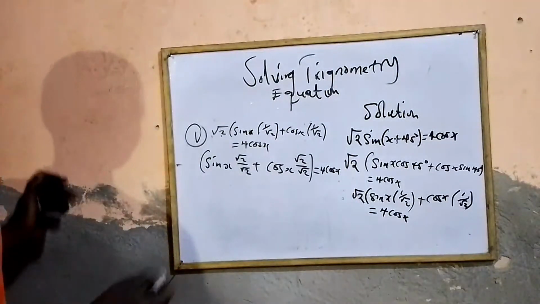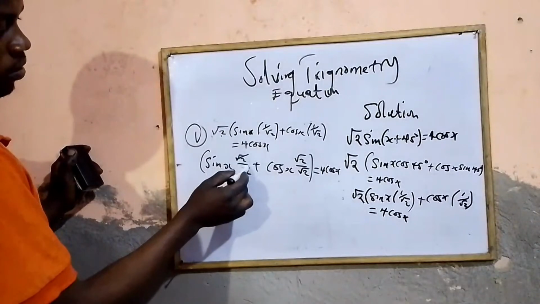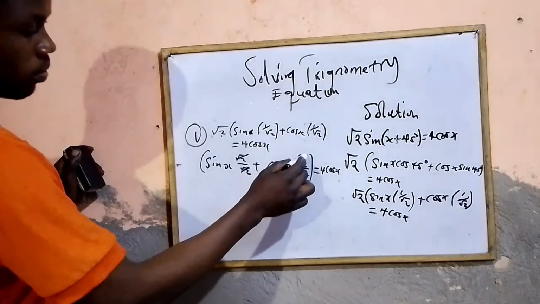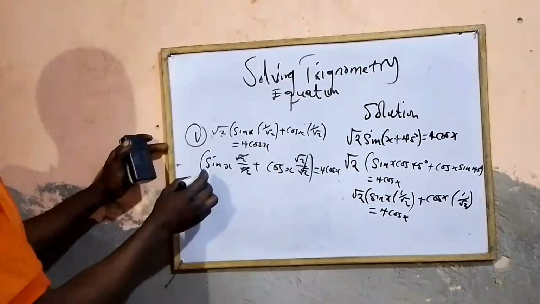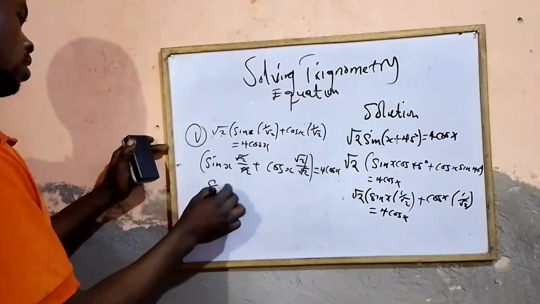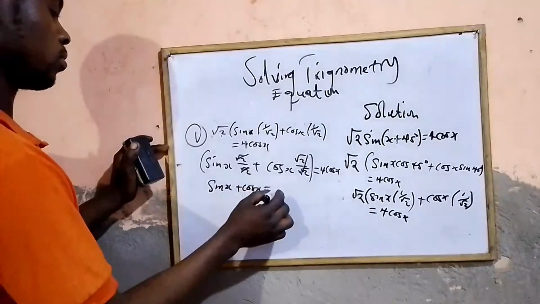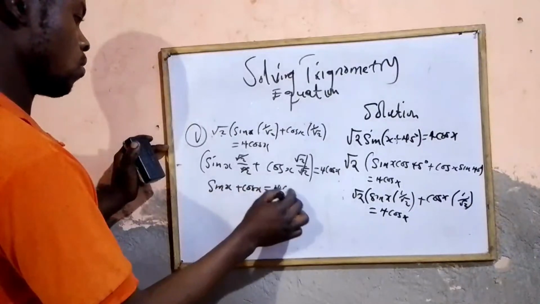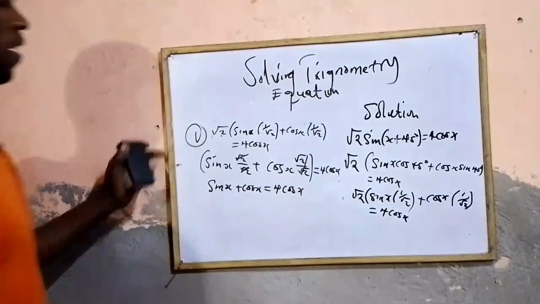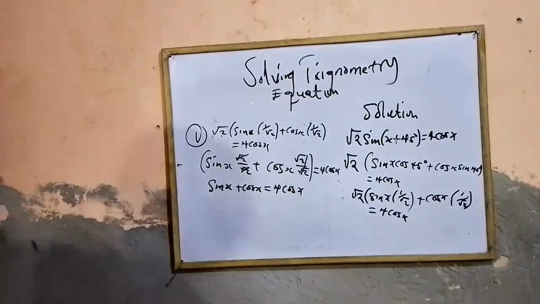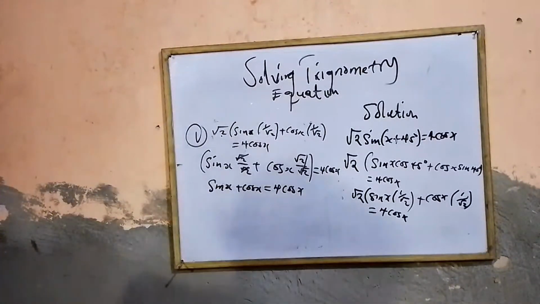These values will cancel each other, so we remain with sine x plus cos x equals 4 cos x. If you reach here, this is where the equation gets interesting.